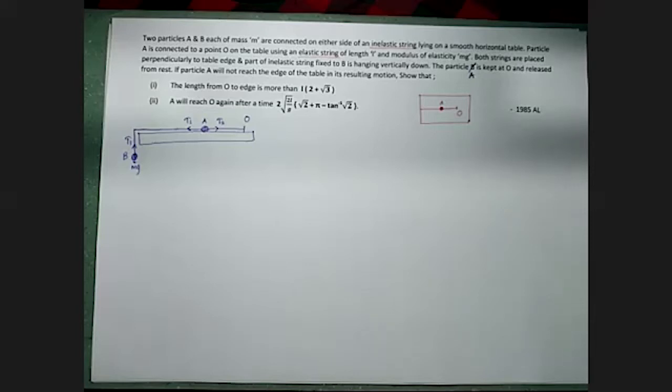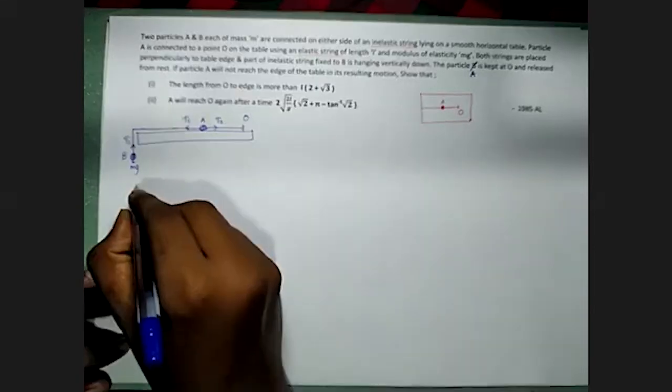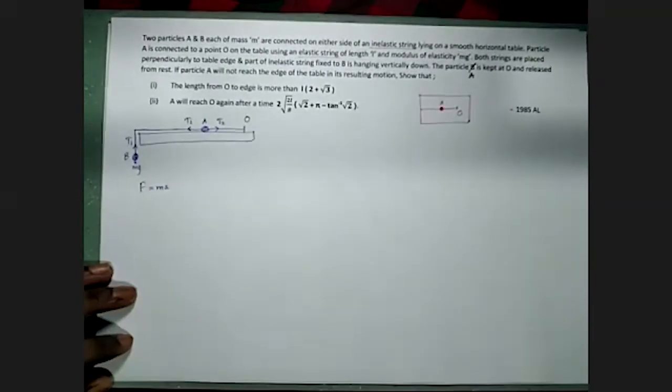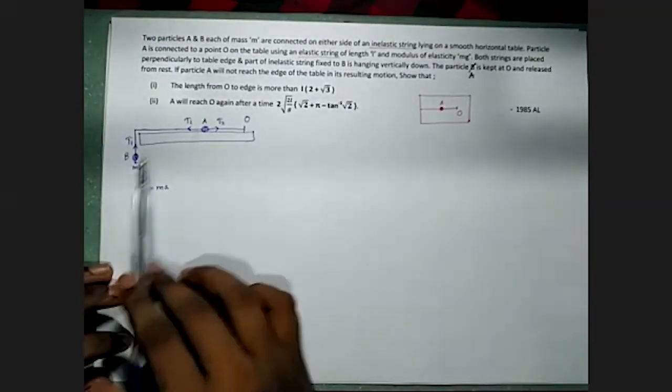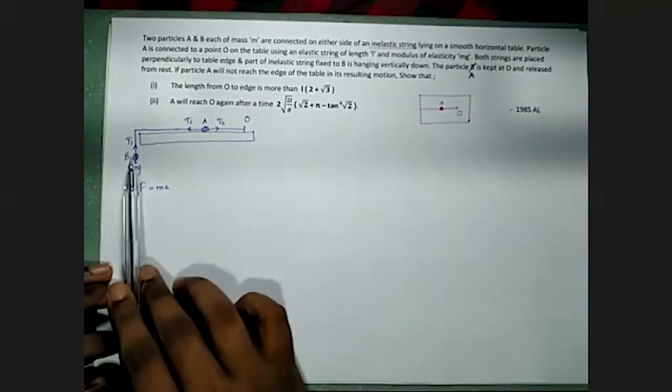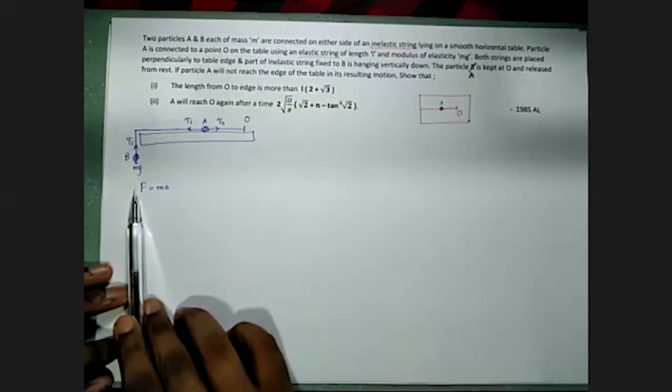Now I'm going to apply F equals MA to both A and B separately in order to find their acceleration, because we don't know the acceleration of particle B which is moving down.